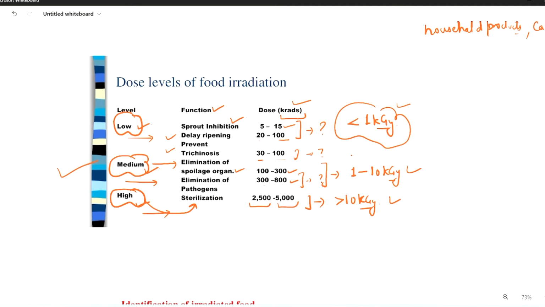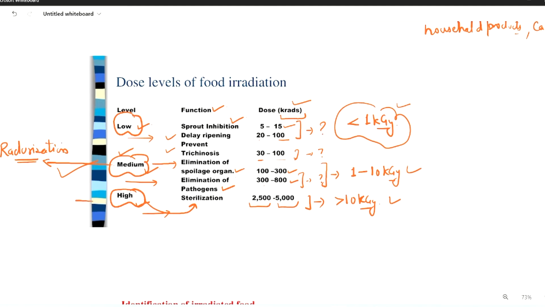For example, here we saw that medium dose is given to eliminate the spoilage organisms of the food material or eliminate the pathogenic microbes, right? Another important thing, this medium dose is known by another name and that one is called radurization.